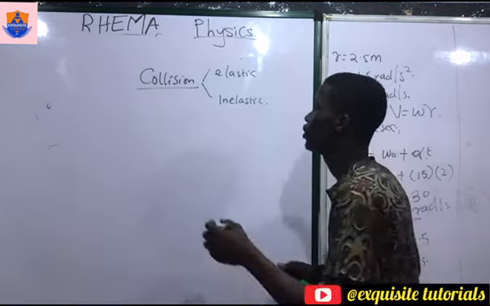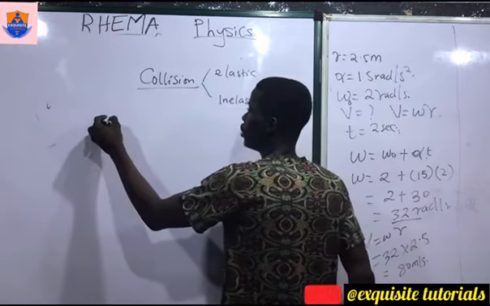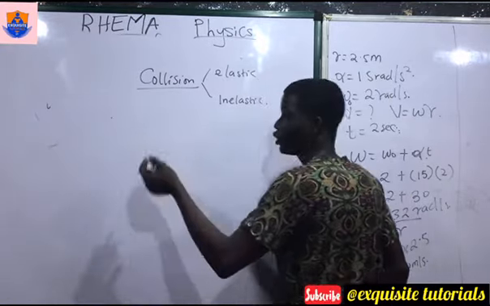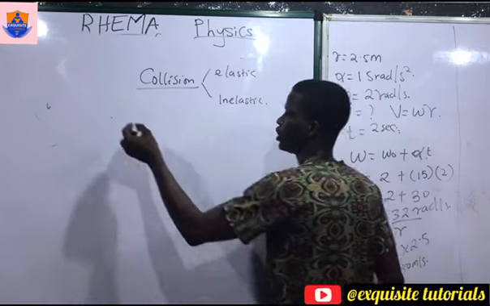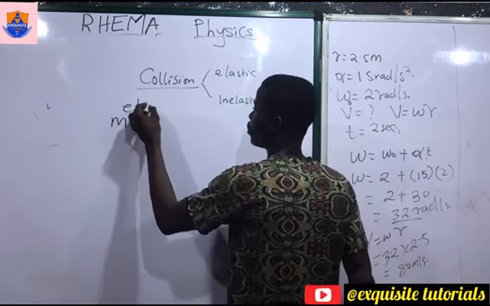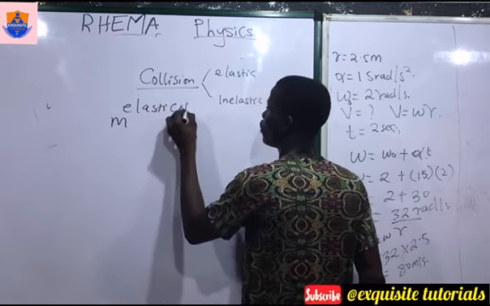So now the equation for linear momentum is this, for the elastic collision.